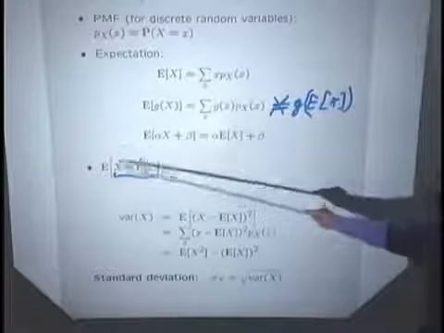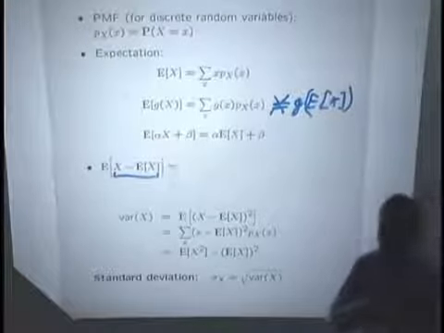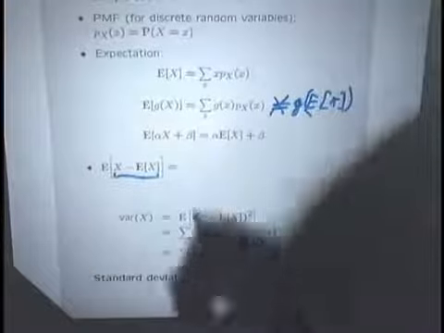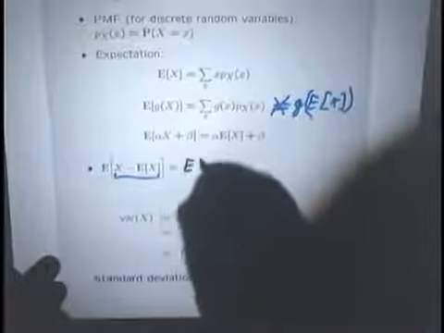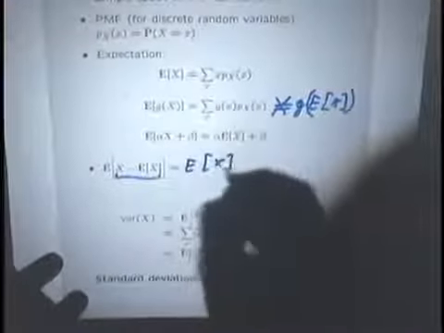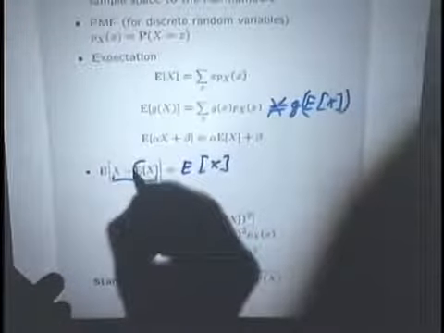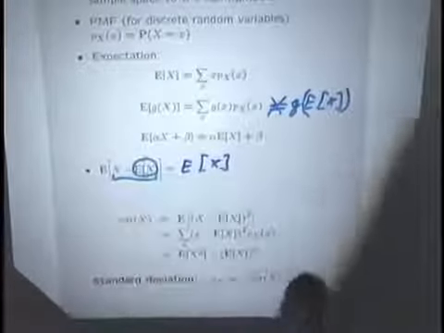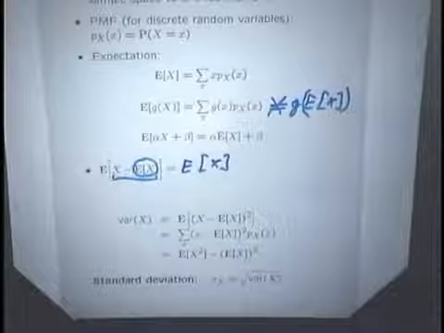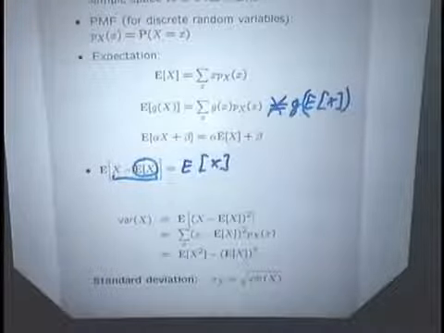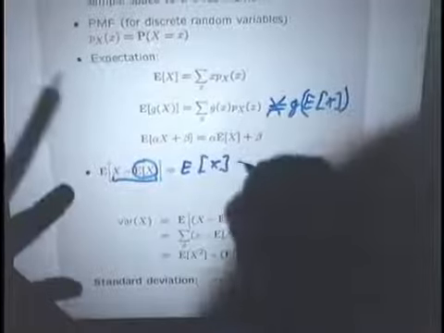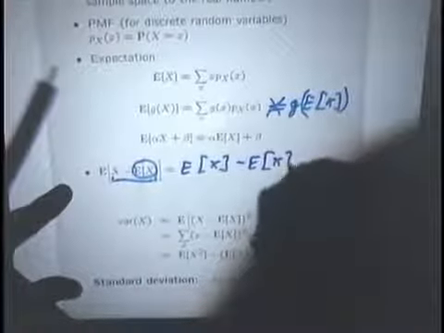Expected value of something minus something else is just the difference of their expected values. So it's going to be expected value of x minus the expected value of this thing. Now, this thing is a number, and expected value of a number is just the number itself. So we get expected value minus expected value, and we get 0.